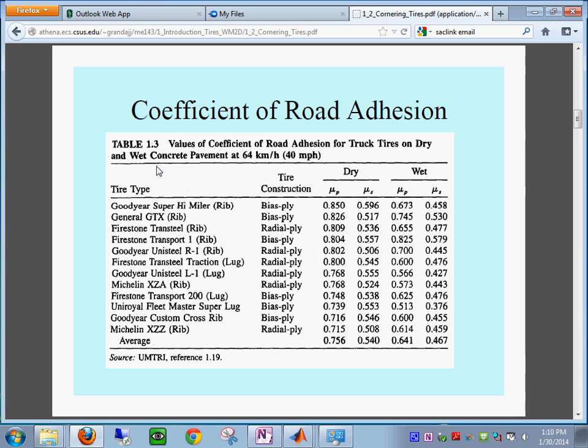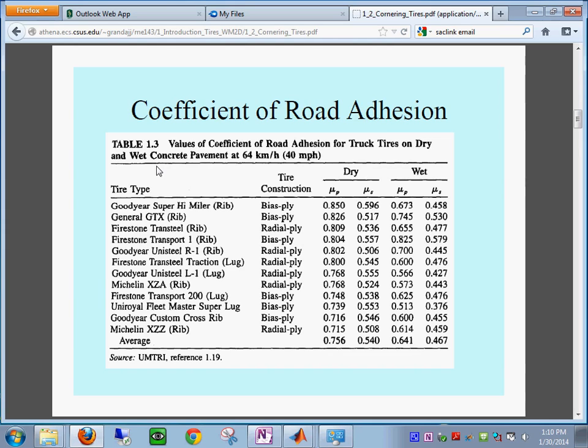So it's no secret that driving in wet conditions is bad. Yeah. What's the difference between the rib and the lug? Is that chart counted? It says Goodyear Super High Miler rib. I don't remember that.